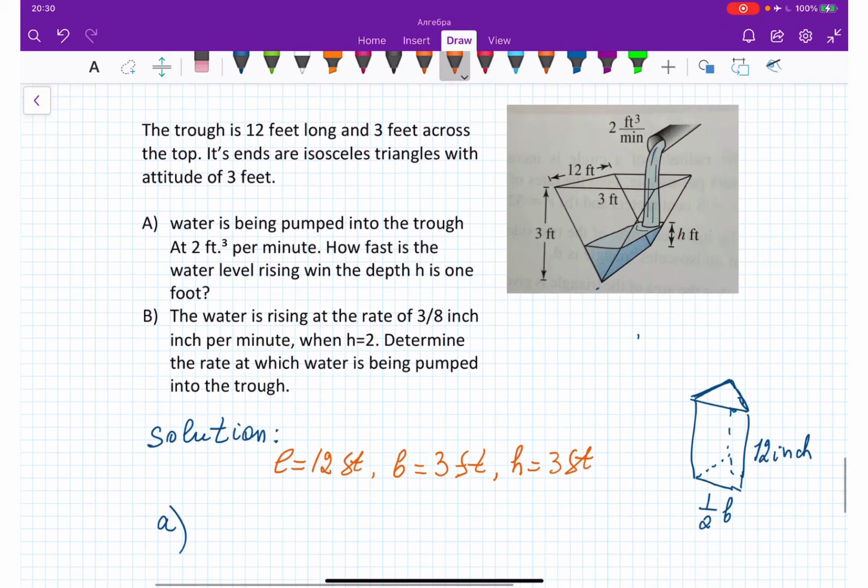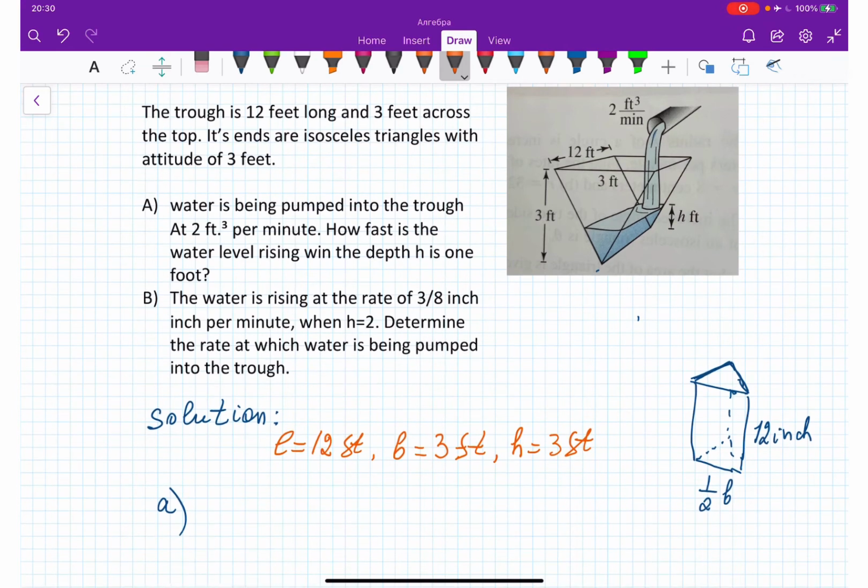So when we say with the rate of 2 feet cubed per minute, that's the rate of change, right? 2 cubic feet per minute. And rate of change of what?